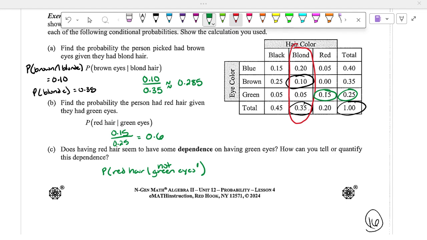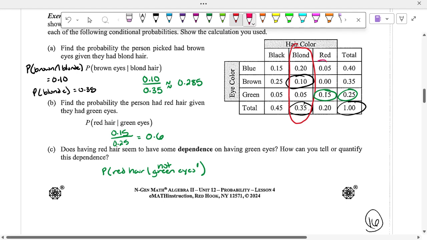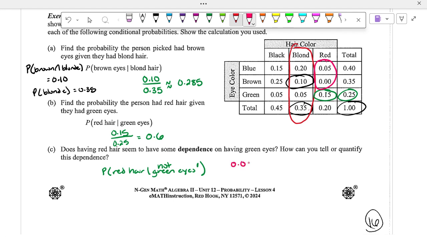So what's the probability of them having red hair and non-green eyes? So both red hair and non-green eyes, what's that probability? 0.05. What's the probability of not having green eyes? 0.75. You just add these two up.